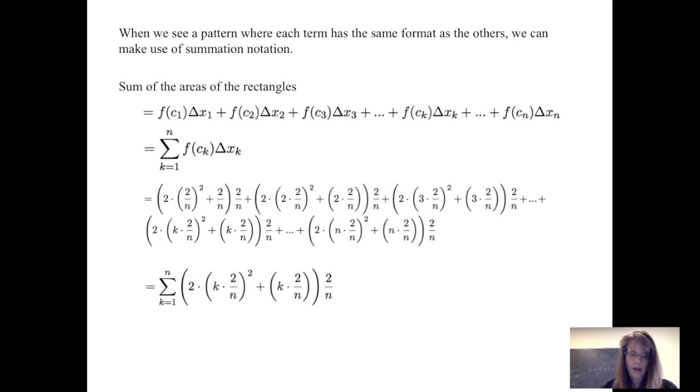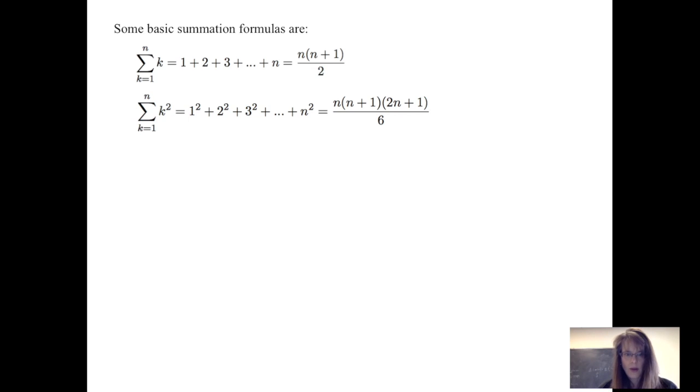Now, once we have a sum, we can act on those sums much like we would with our formula. Once we have a sum like that, we can work with our properties of addition, properties of multiplication, and simplify that expression. But we also make use of some very standard forms of summation.